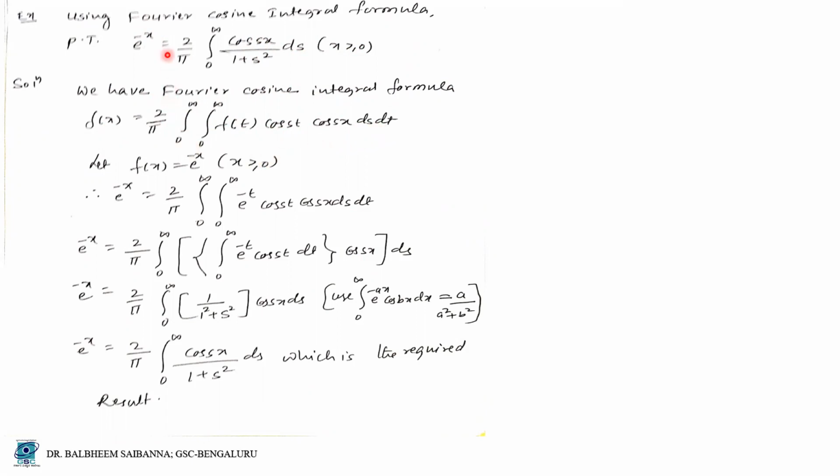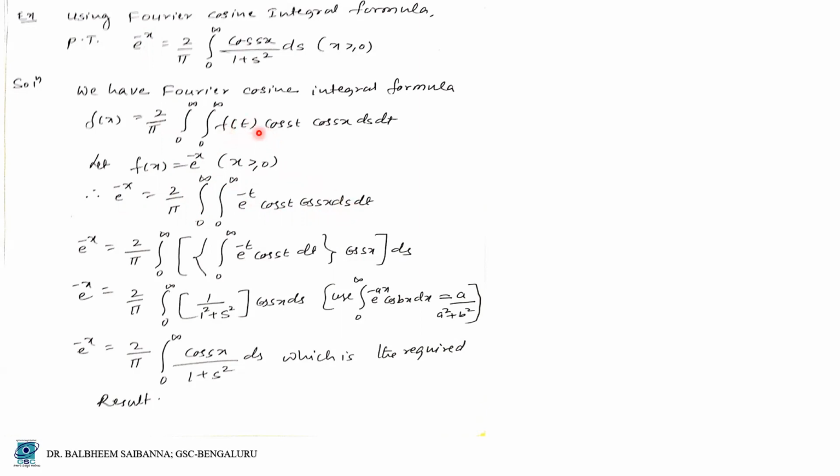Now let us take this function f of x equal to e to the power of minus x. The condition is already given in the question, x is greater than 0. With f of x equal to e to the power of minus x, we get e to the power of minus x equals 2 by pi double integral over 0 to infinity e to the power of minus t cos st cos sx dt ds.